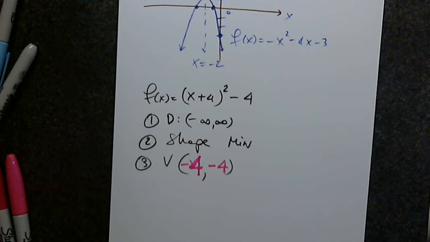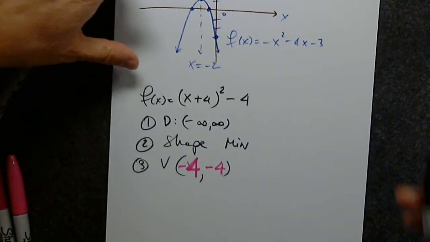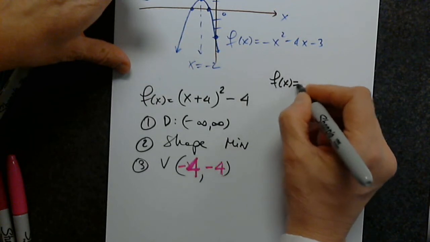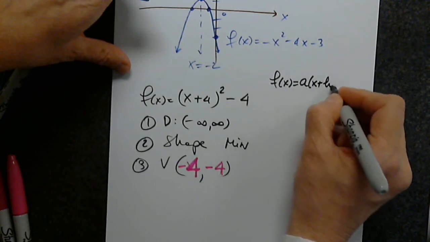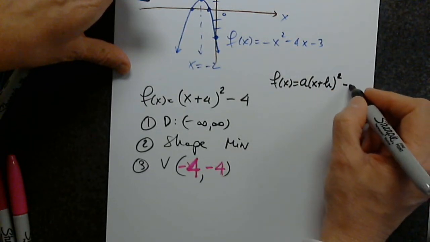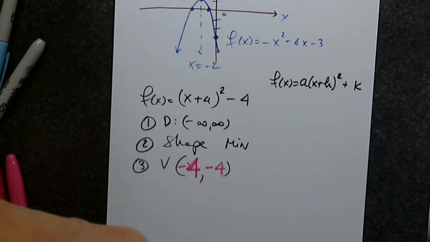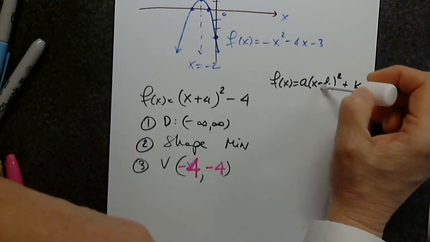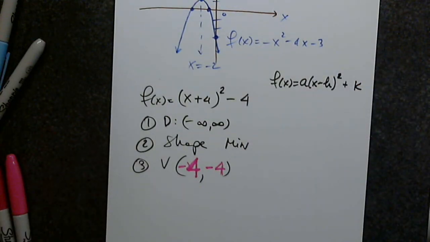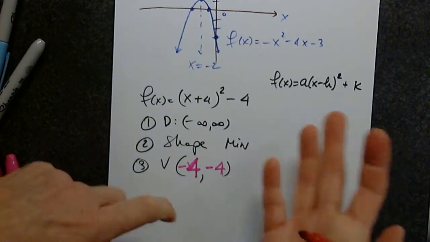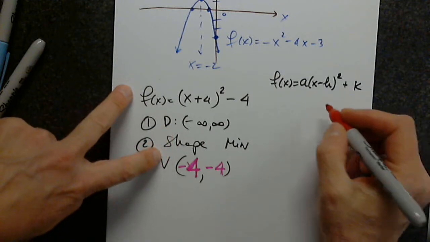Let's do this one more time. So what is the formula? I just don't want to just give a formula, right? So if we have f of x, which is a times (x plus h) squared plus k. Okay, so this is the general formula, right? Where the vertex has nothing to do with the circle, if you remember last time I said that.